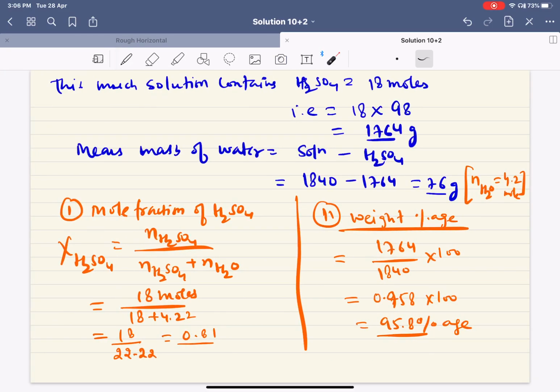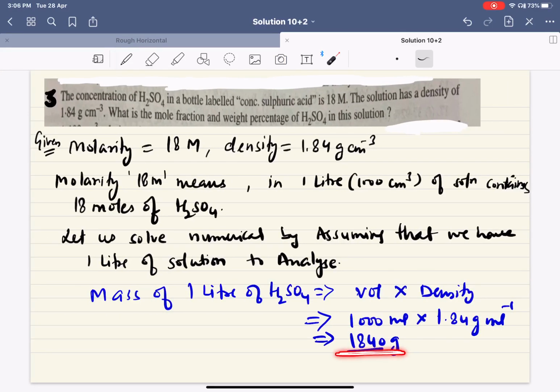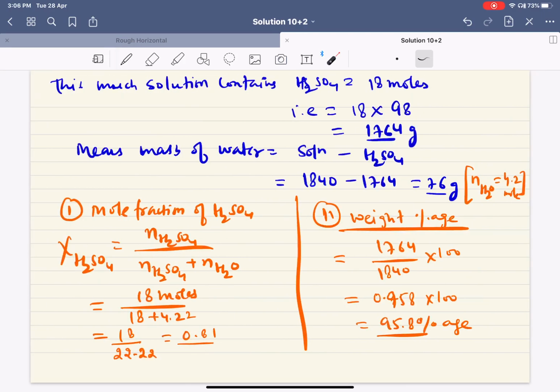So 1840 gram of the H2SO4 solution contains 18 moles of H2SO4. 18 moles means 18 multiplied by 98, that comes out to be 1764 gram.